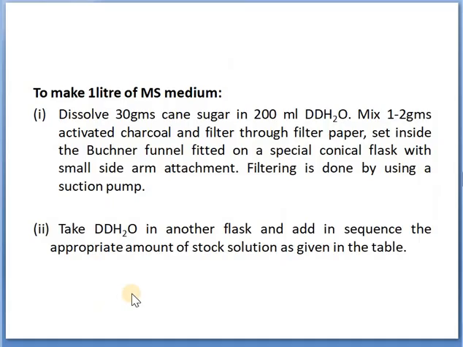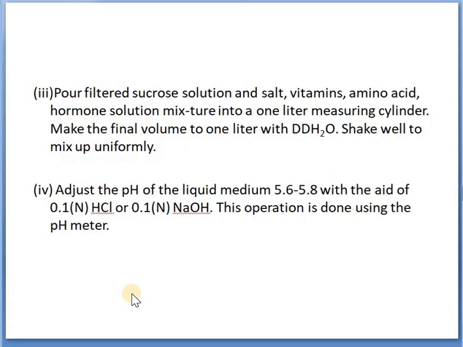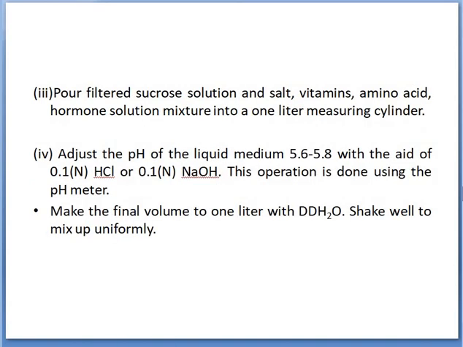The remaining stock solutions are measured in volumes as given in the table and added to double distilled or sterile water in another container in the same sequence to make it up to around 700 ml in volume. To this, the filtered sucrose solution is added and the mixture is taken into a 1 liter measuring cylinder or any other measuring container.